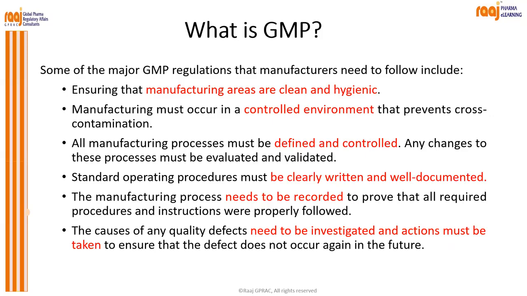When you are working in a manufacturing area, each machine should also have its work instruction, like how this machine operates. Suppose the first step is to switch on the button. Okay. Next, you add the ingredient. Like that, a stepwise work instruction has to be attached near the machine, so that all the workers, who may be laymen, can follow. All the work instructions have to be written in the local language as well.